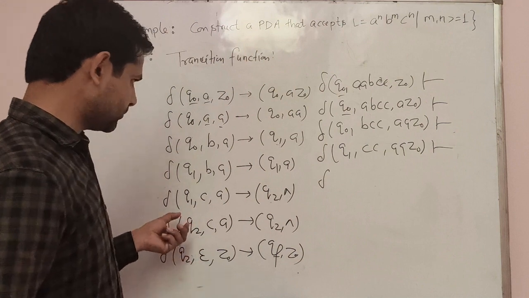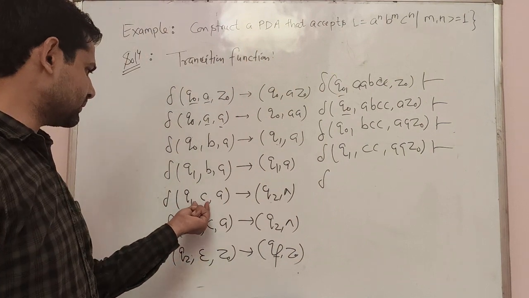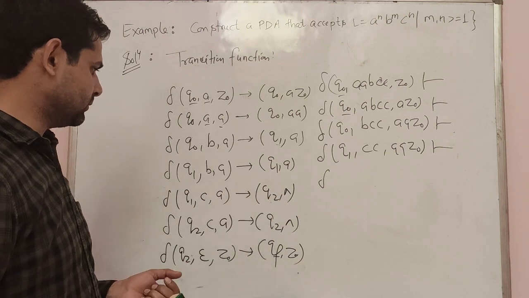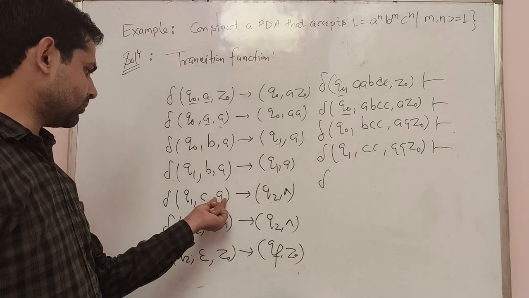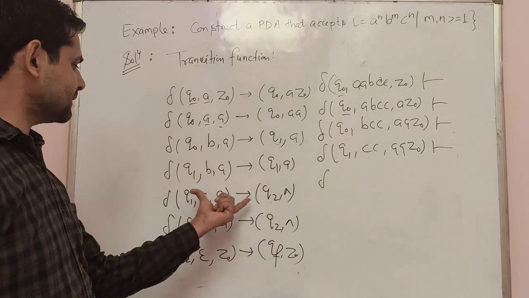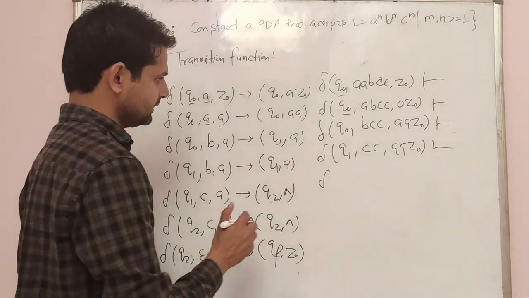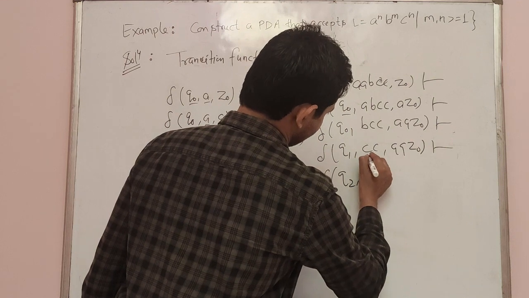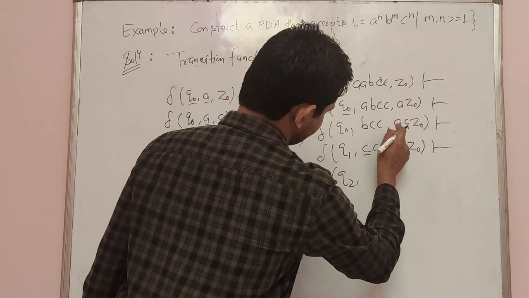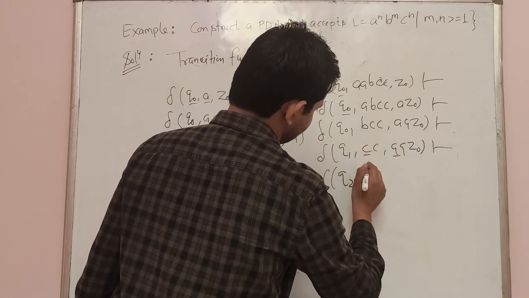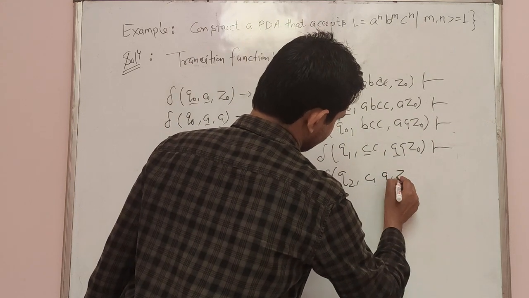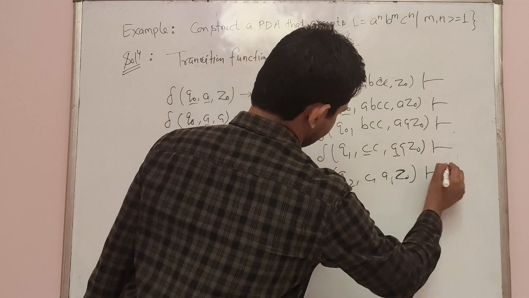Okay, now we are in Q1, the input symbol is C, and we move to Q2, and the stack top is A. In that case, we are matching A with C, so we move to Q2 and pop this A from the stack, so it will be A, Z0, right?